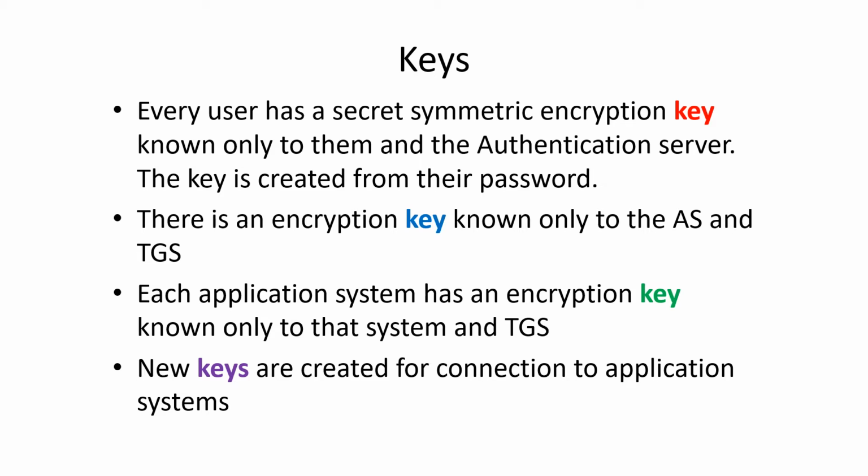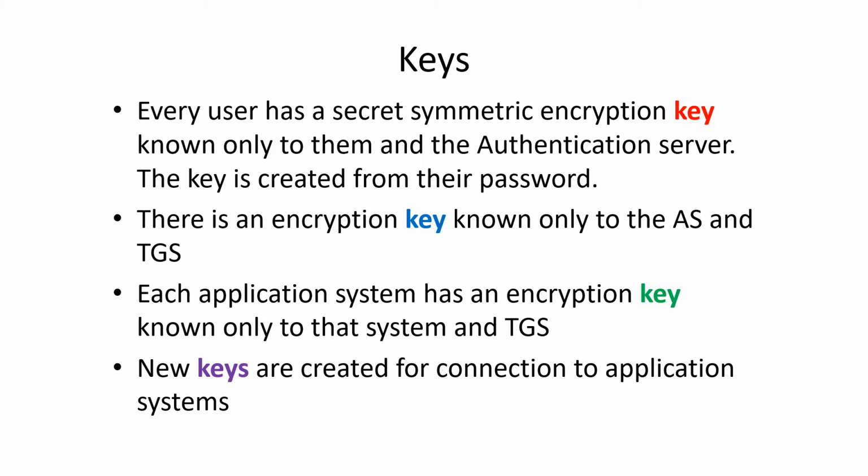There are several keys used in this system. We assume that each user has a secret symmetric encryption key known only to them and the authentication server. So they know the key, and the authentication server knows that key, and hopefully nobody else. That key is created from their password, possibly by password stretching, such as creating a hash and then using that hash as the encryption key.